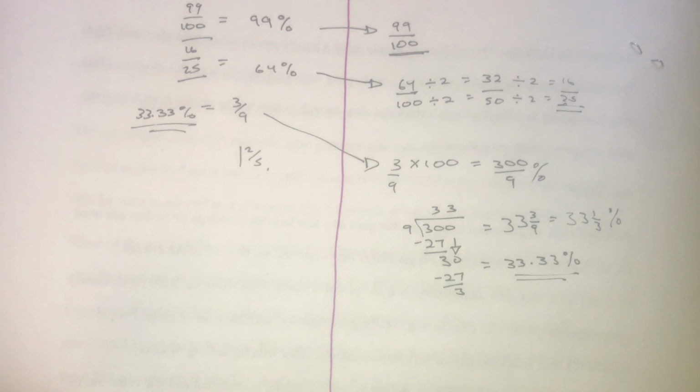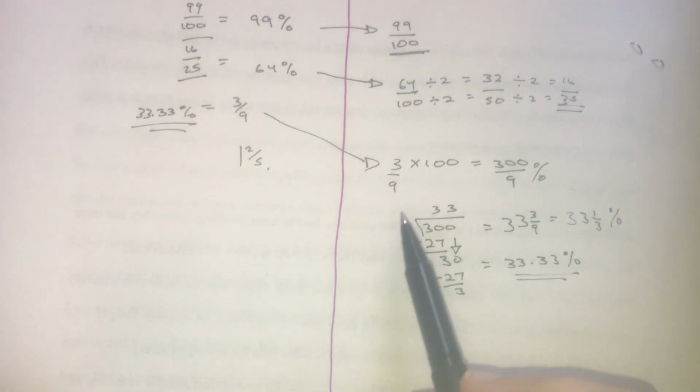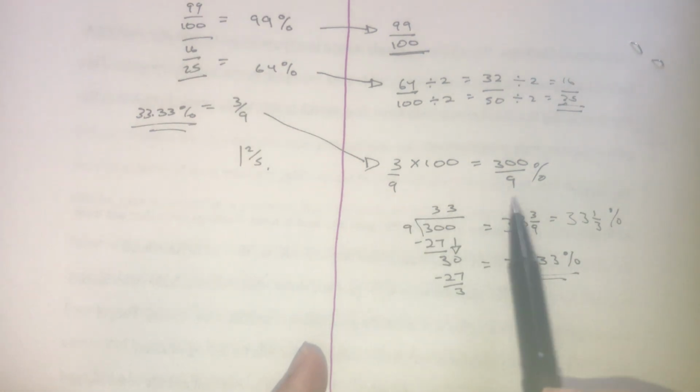For example, you got 99%, that means you got 99 rights out of 100 questions. 54%, that means you got 54 right out of 100. So that is why we multiply by 100 to convert it into a smaller form or a bigger form, depending on the fraction that you have here. So this was out of 9, you're converting it into out of 100.